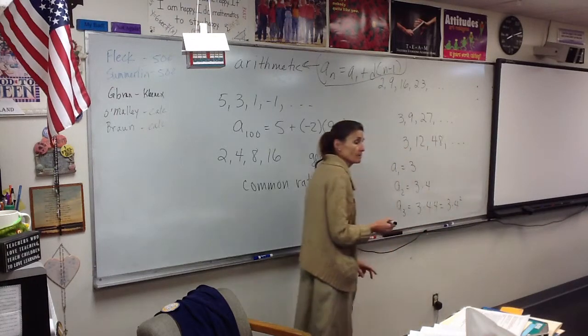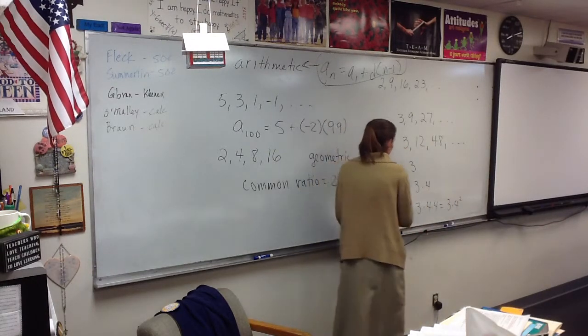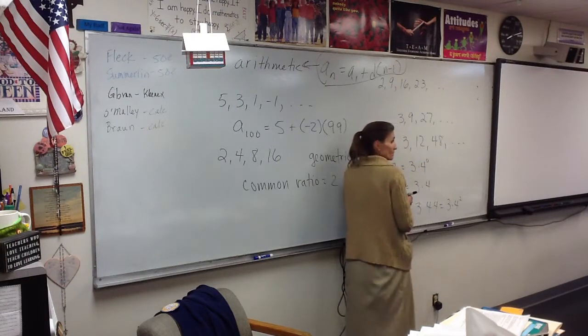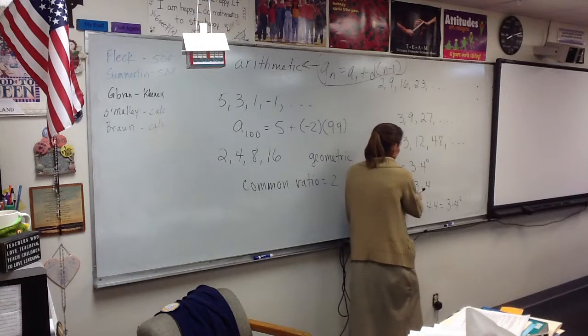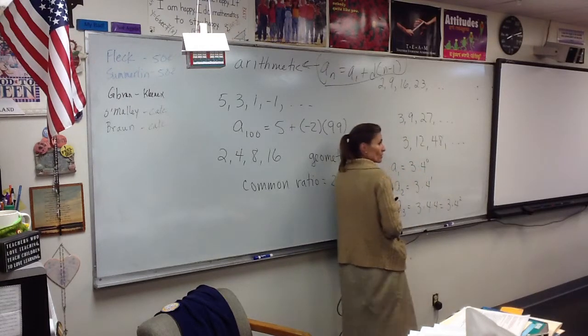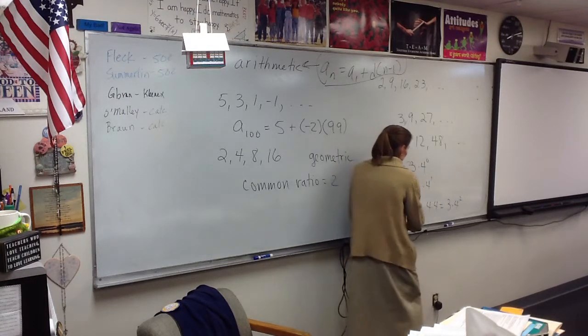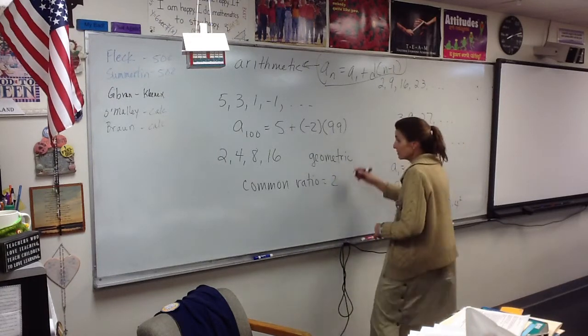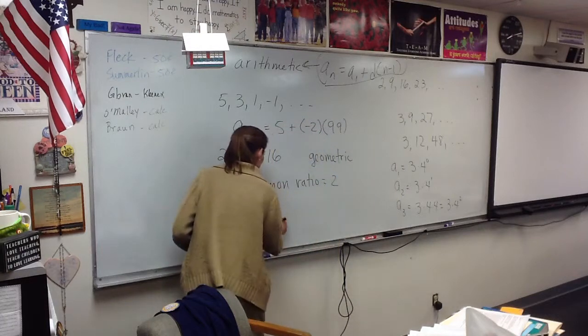So let's look at this one now. The first term is 3 times 4 to the zero. The second term is 3 times 4 to the first. The third term is 3 times 4 squared. Any idea what the nth term might be?